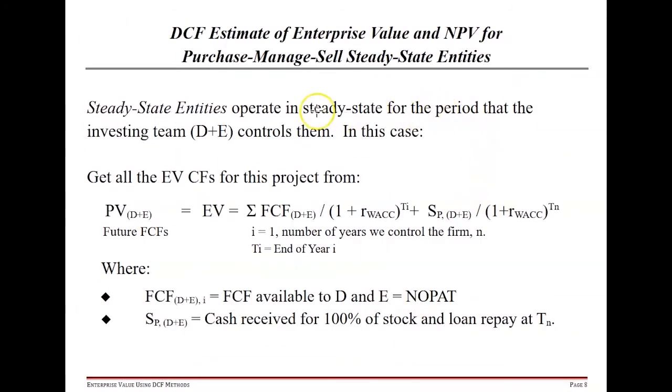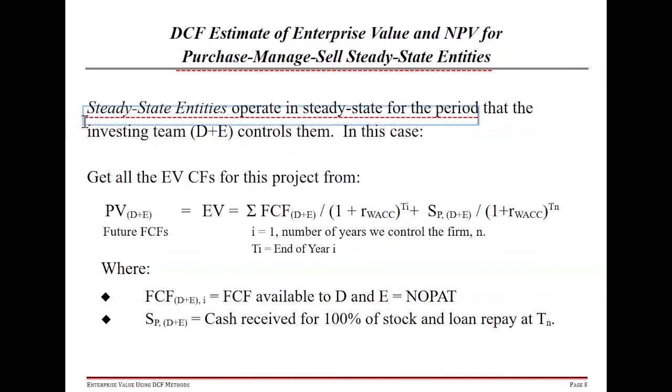So the second type of entity that we looked at for enterprise value and getting NPV to shareholders and lenders was what we called purchase, manage, sell, steady state entities, or purchase, manage, sell, steady state projects. So steady state entity is going to mean the same thing it did before.